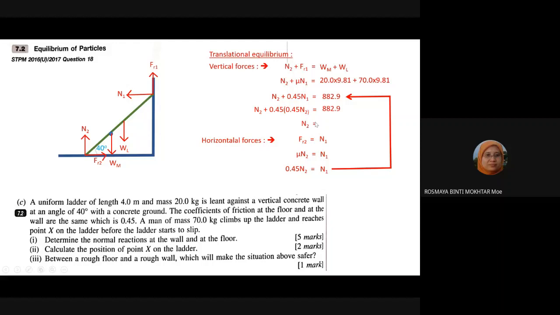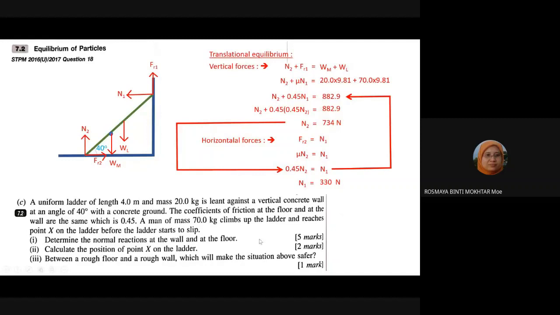So N2 equals to 734 Newton. Okay, this is N2. For N1, we substitute into here, we get N1 330 Newton. So done for question 1. Question 1 asks to determine the normal reactions at the wall and at the floor. So N1 and N2. Okay, done.